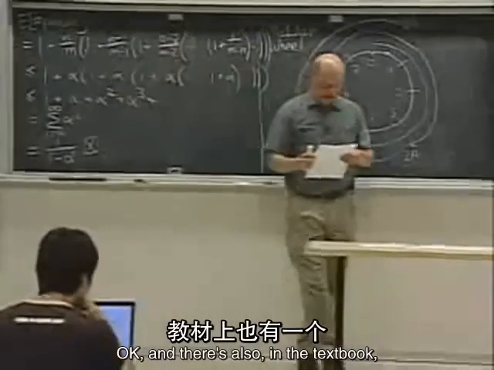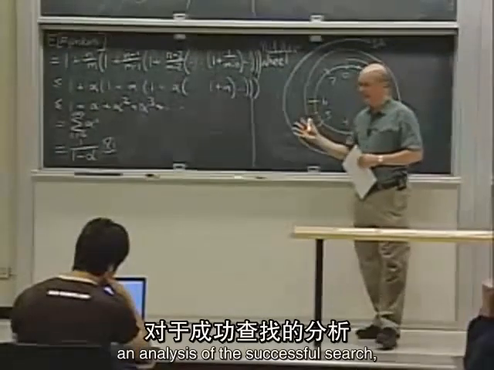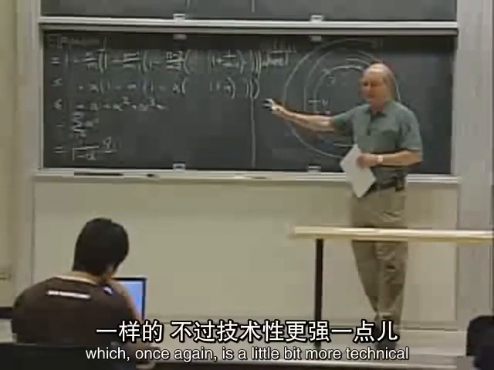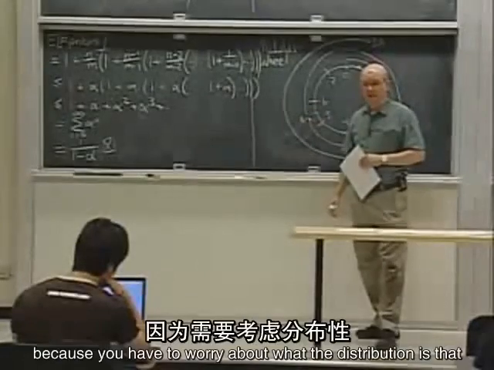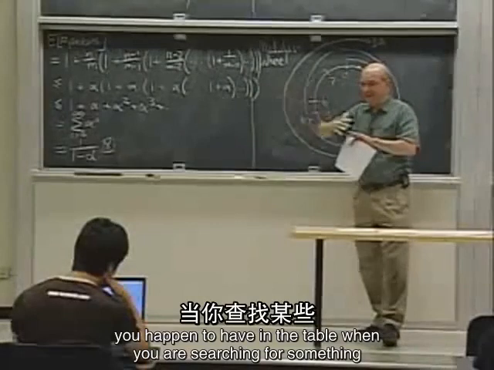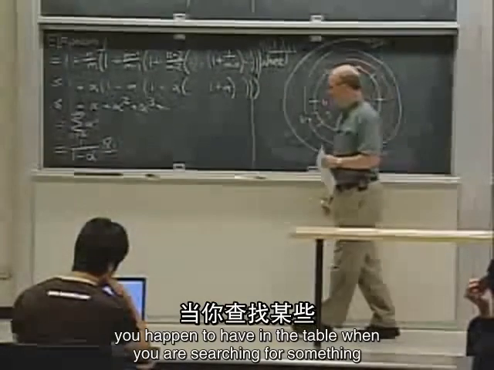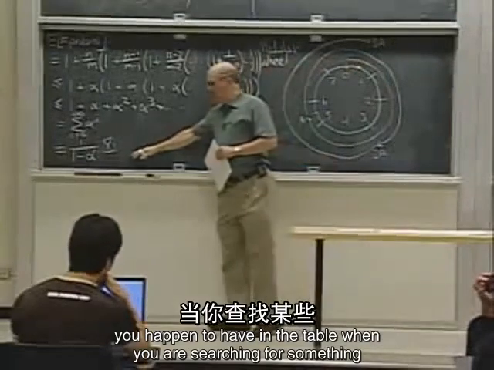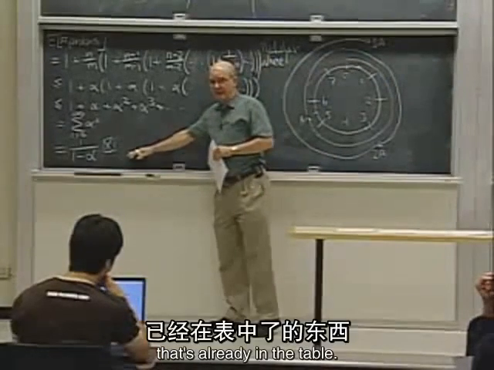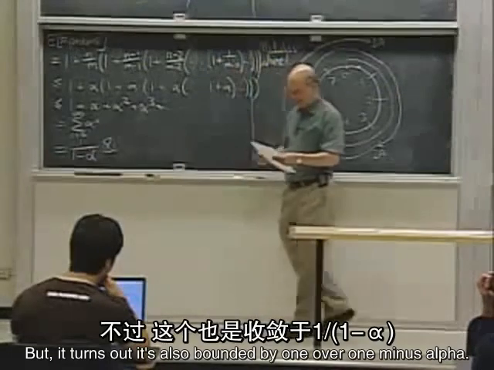Okay? And there's also, in the textbook, an analysis of a successful search, which once again is a little bit more technical because you have to worry about what the distribution is that you happen to have in the table when you're searching for something that's already in the table. But it turns out it's also bounded by 1 over 1 minus alpha.